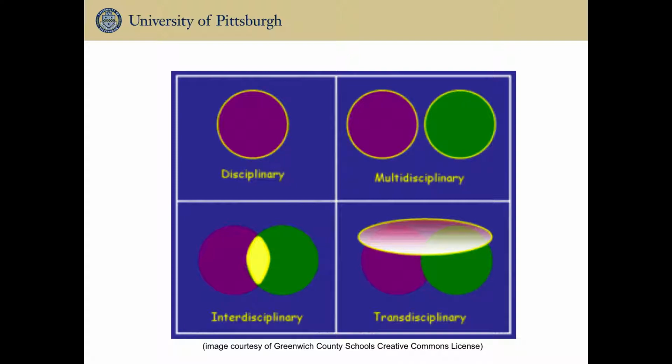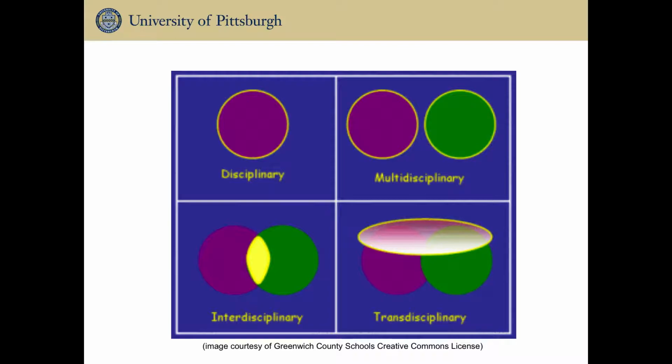Multidisciplinary teaching is also pretty common. You may be teaching science and math, but you're not usually at a place where you're integrating the two. So, as you see in the circles here, they're not overlapping. There's one content area and another, but they don't overlap to solve a problem. Interdisciplinary teaching is also really common.